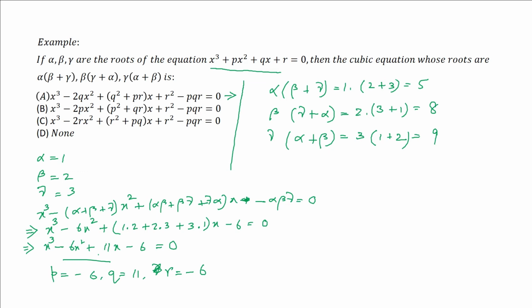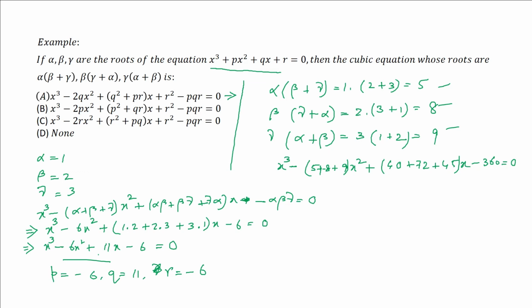So the equation whose roots are 5, 8 and 9 is x cube minus (5 plus 8 plus 9) into x square plus (40 plus 72 plus 45) into x minus 360 equal to 0.